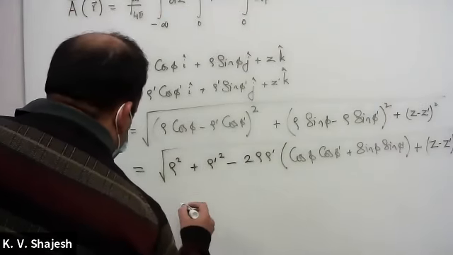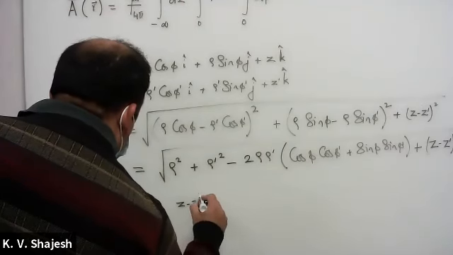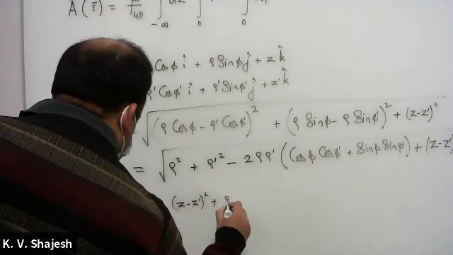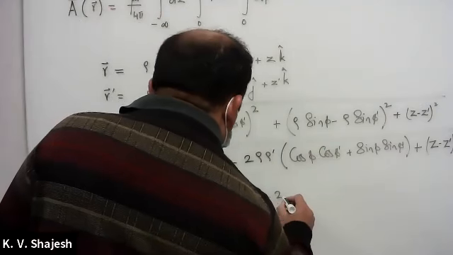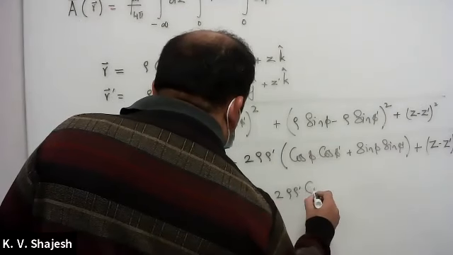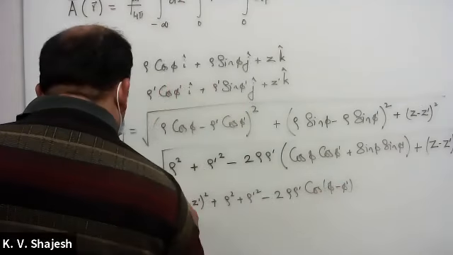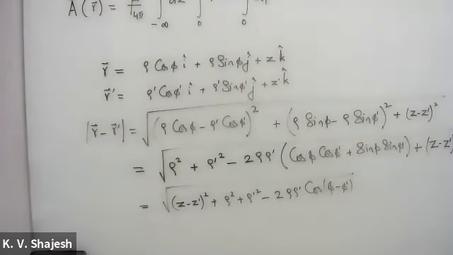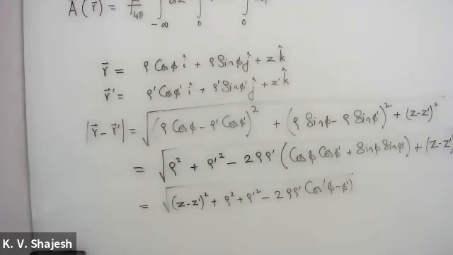So that's equal to, let me pull that all the way this side. So that's z minus z prime squared plus rho squared plus rho prime squared minus 2 rho rho prime times cosine of phi minus phi prime. That's your expression for r minus r prime. I can substitute this whole thing in the integral above.